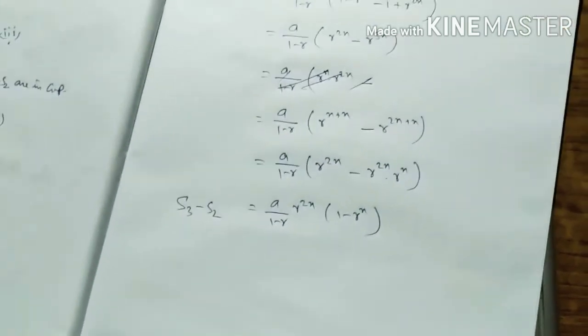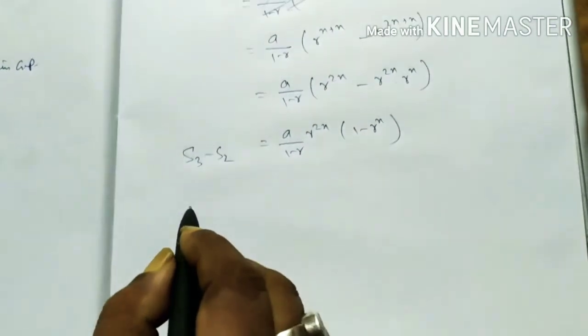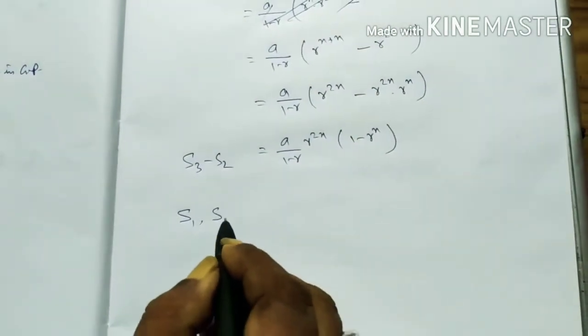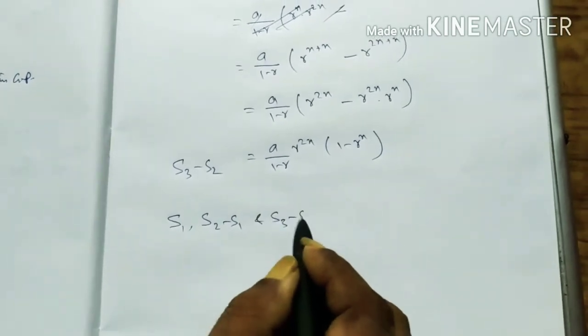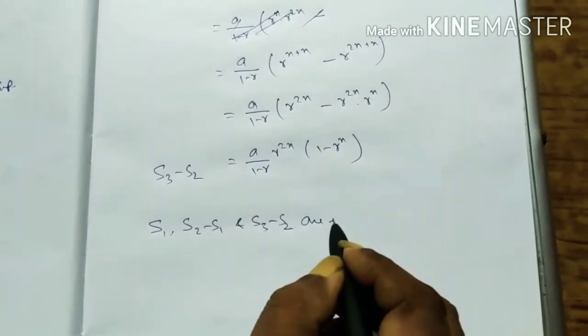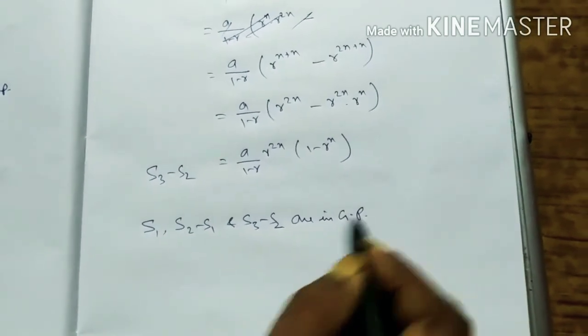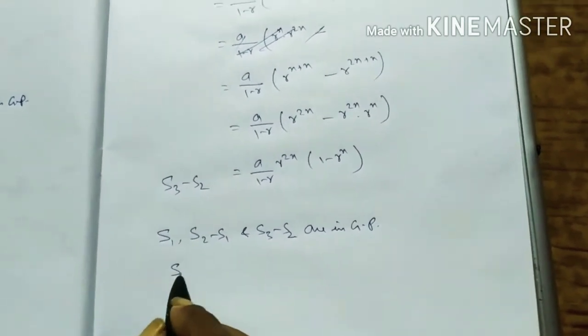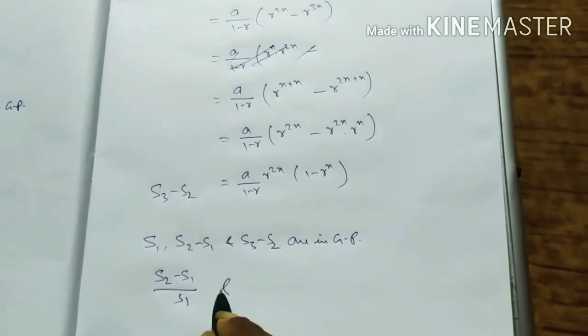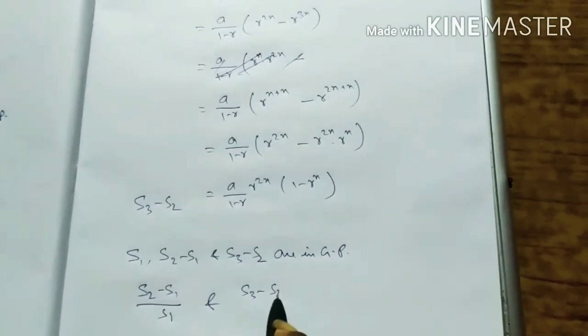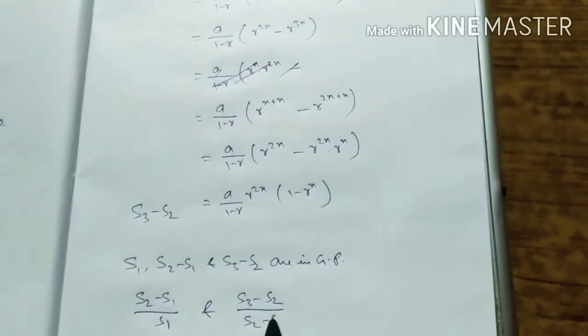Now we have to show that S1, S2 minus S1 and S3 minus S2 are in GP. Therefore, I am going to do S2 minus S1 by S1 and S3 minus S2 by S2 minus S1.